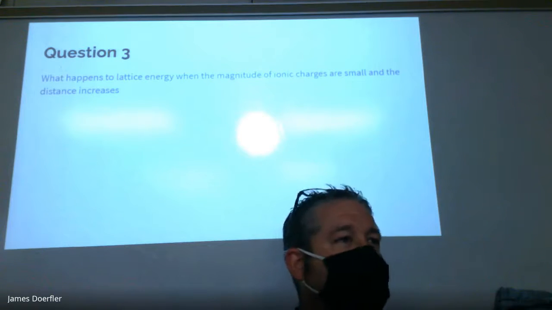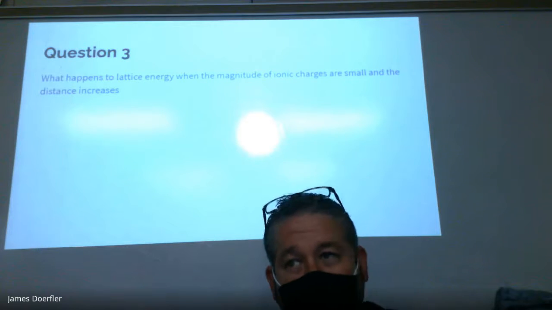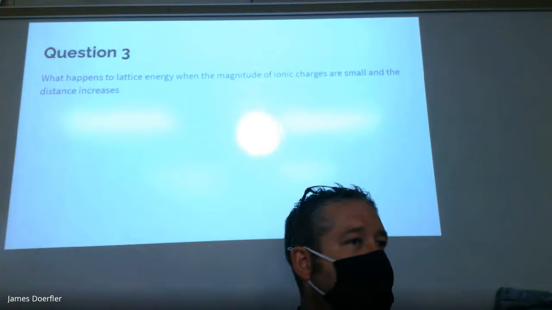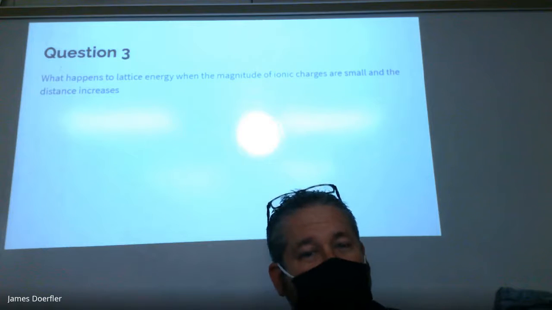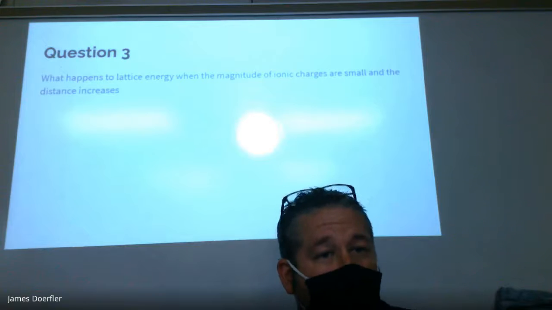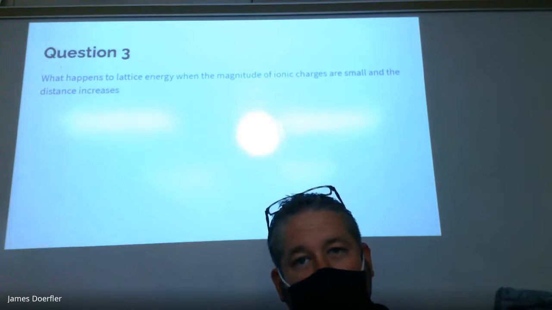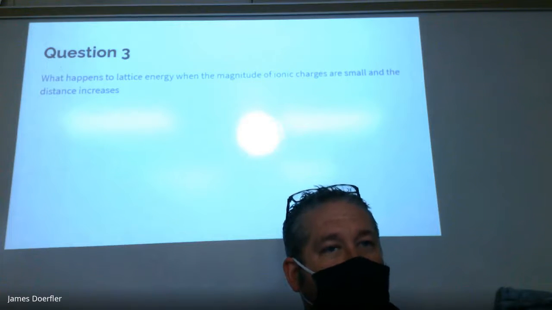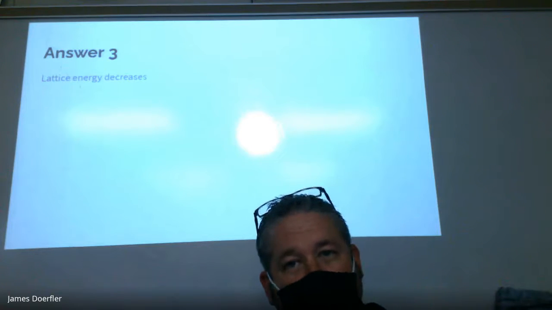We simply used the formula and the positions of the ionic charges, which are the Q, and the distance between the two interacting ions, which is D. D is a denominator. So when we have small ionic charges and a large distance, we are going to have a decrease in lattice energy.